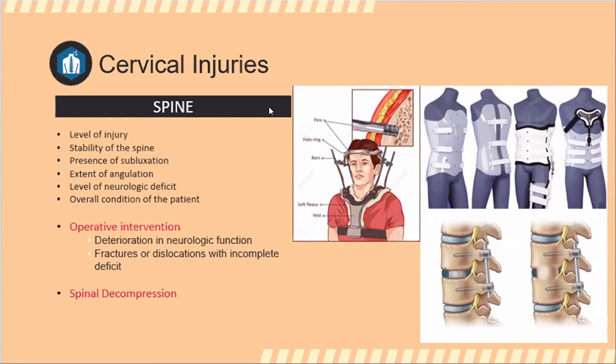And most of the time, pag mataas yung spinal injury natin, the patient may present with respiratory distress, respiratory depression because of the involvement of the phrenic nerve, lalo na pag cervical injury. And pag mataas din yung injury, most of the patients may present with neurogenic shock. The presentation of neurogenic shock is hypotension and bradycardia.